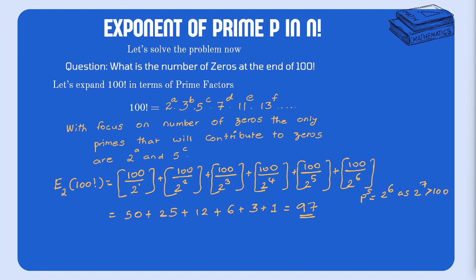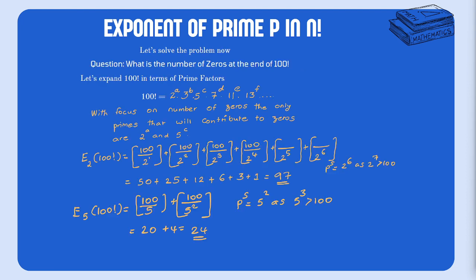And since this is a largest integer function, we get the values 50 plus 25 plus 12 plus 6 plus 3 plus 1, which gives us 97. So thus, the exponent of 2 in 100 factorial will be 97. Let's solve for 5 now. For 5, s would be 2, because 5 squared is 25, but 5 cubed is 125.